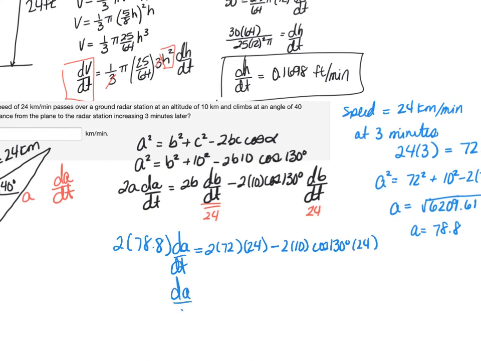So dA/dt is going to be equal to 3,764.538 divided by 2 times 78.8, which will give me 23.89 kilometers per minute.